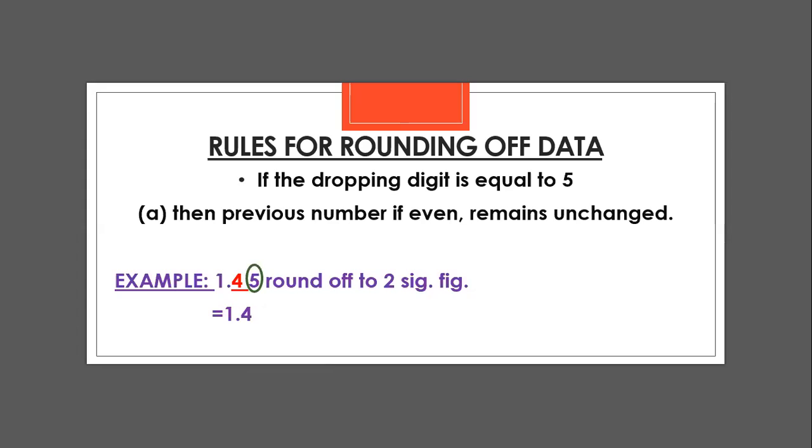You follow the table of 2, 2, 4, 6, 8. So yes, 4 is an even number. So when you drop 5, your previous number remains unchanged because it is an even number. So your final answer is going to be 1.4. And in this final answer, you satisfy the condition of the question. That is, you have rounded off the answer to 2 significant figures, 1 and 4.